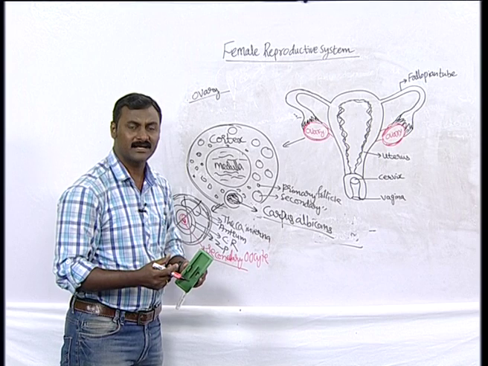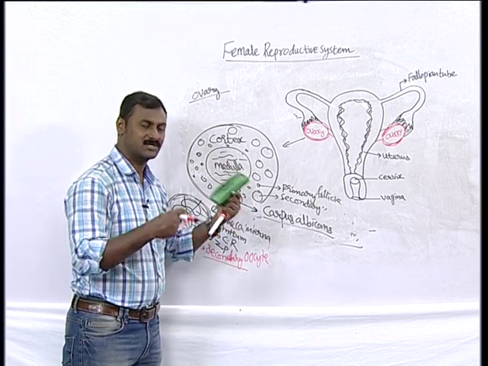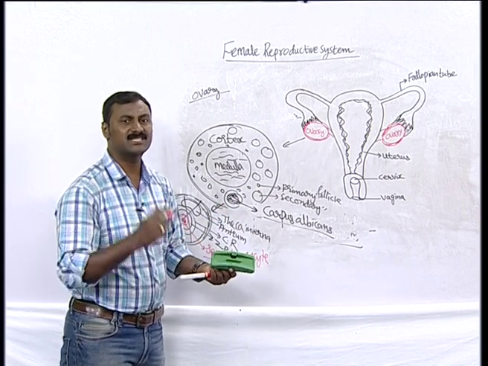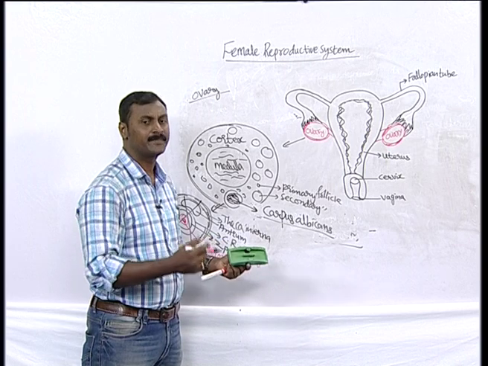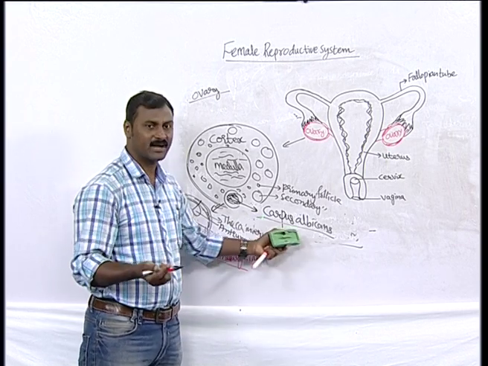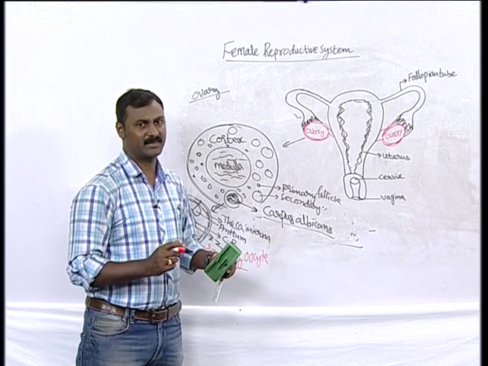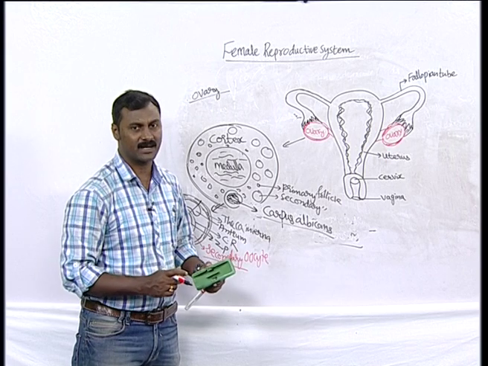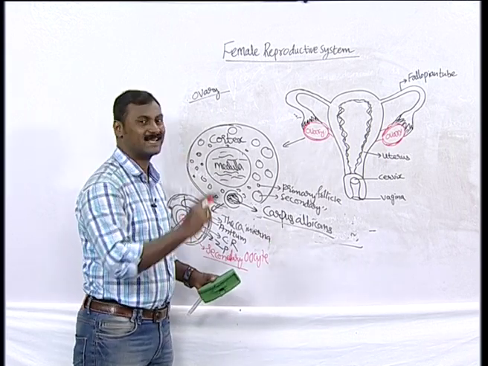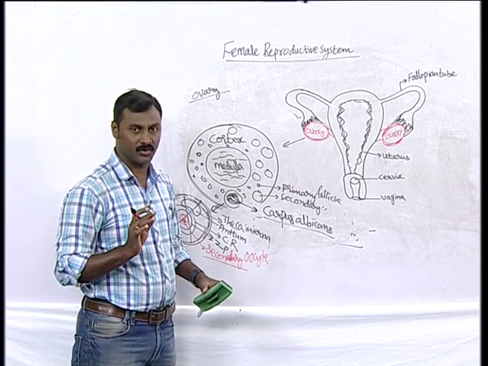So corpus luteum, corpus albicans, corpus luteum, corpus albicans, like that these stages we will observe continuously. If she becomes pregnant, there is no need of corpus albicans. Corpus luteum will continue for 4 months of pregnancy, and the remaining period the placenta takes care of the pregnancy. Up to 4 months, corpus luteum takes care of the pregnancy by releasing progesterone hormone.